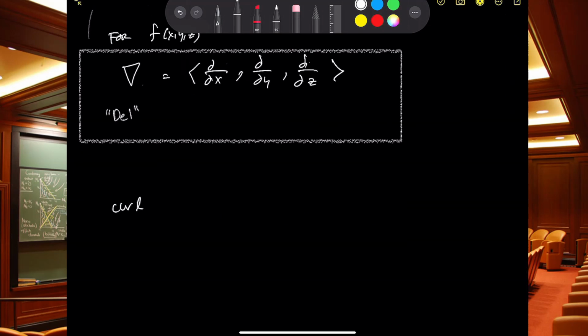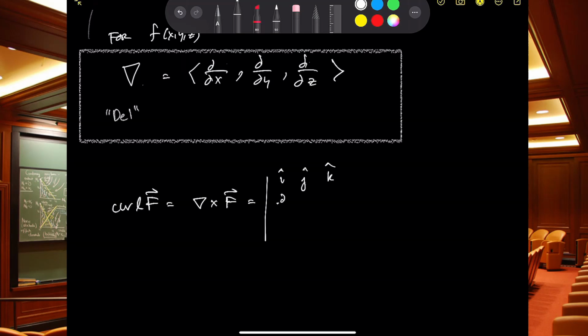We can actually define the curl of a vector field by using the cross product with del. Okay, so we take this operation, we cross it with the vector field f, and what we get from that, if you remember, taking the cross product, it's the determinant of this 3 by 3.